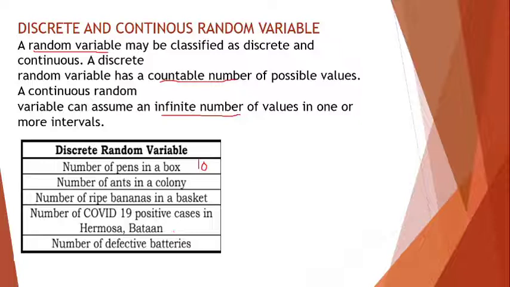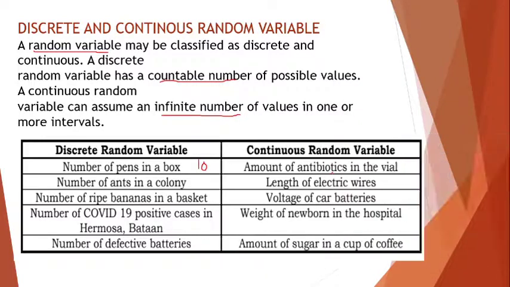Next, continuous: the amount of antibiotics in the vial, the length of electric wires, the voltage of car batteries, the weight of a newborn in the hospital, the amount of sugar in a cup of coffee. Can the sugar be counted? No, right? It's grain by grain.